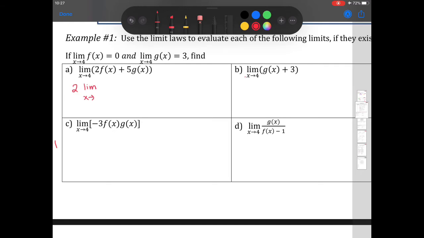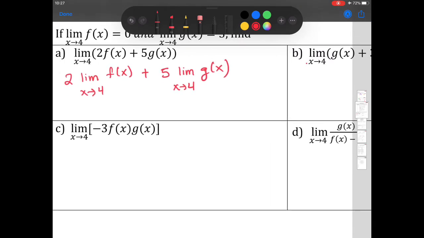Limit as x approaches 4 of f(x) plus, I'm doing two things at the same time, applying number 1 and 3. It's just a combination. Limit as x approaches 4 of g(x). So now, what is this part? This I know is what?